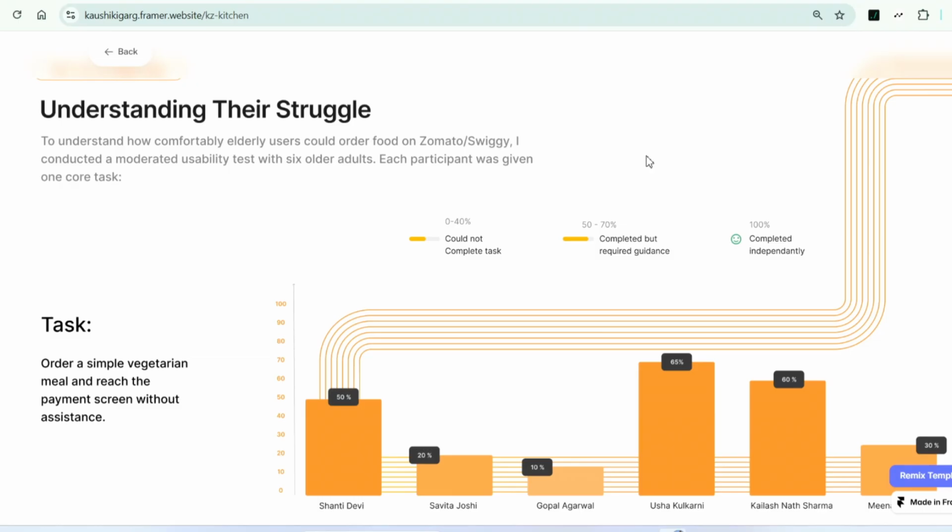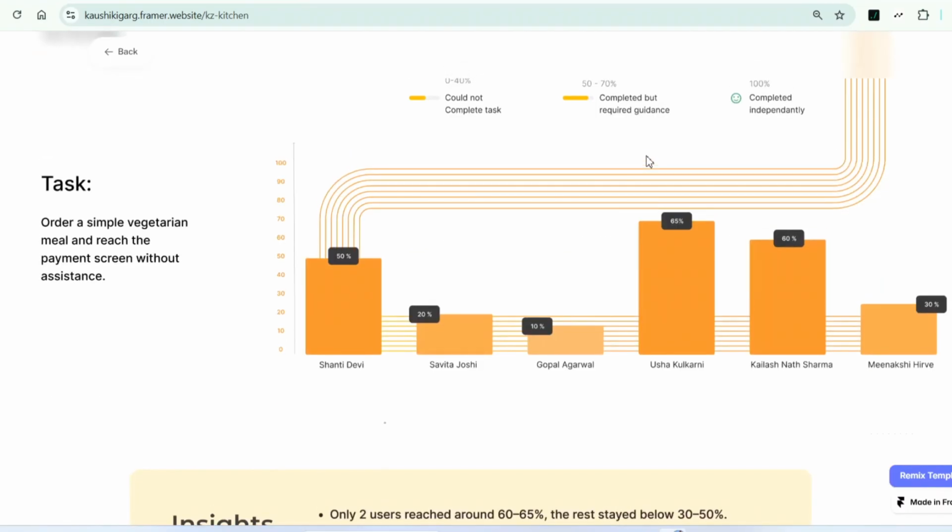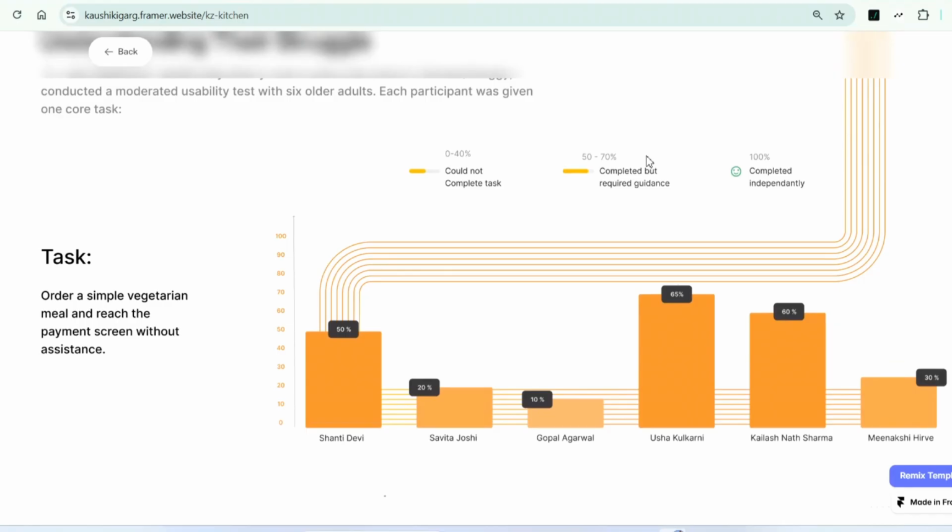I observed and noticed their pattern of how they were ordering, where they were having issues and what the pain points were. I conducted this with 6 elderly people, including both males and females, and from both Maharashtra and Delhi, because I stayed in both.